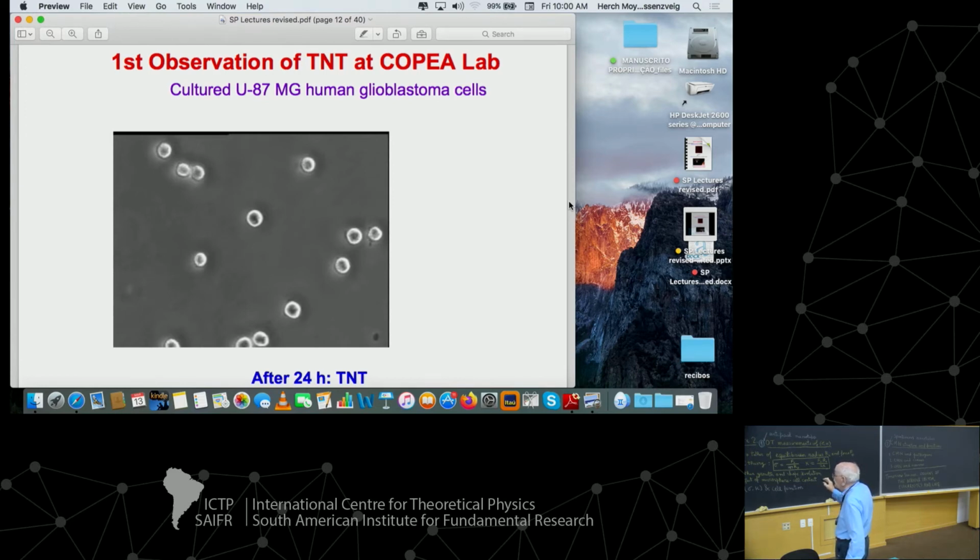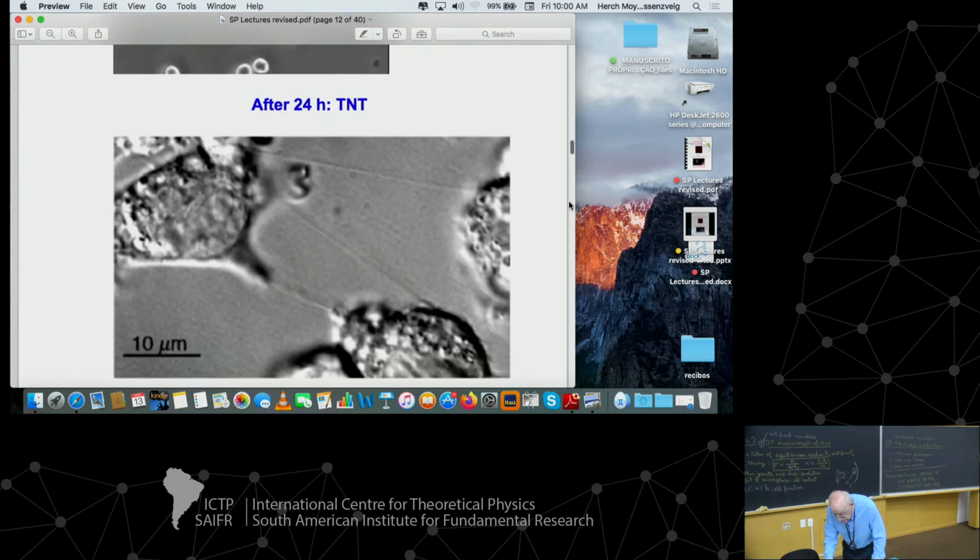When you put them within a recipient with fluid, as you first put them inside, they're just spherical. Now, you wait for 24 hours, and this is what we saw.